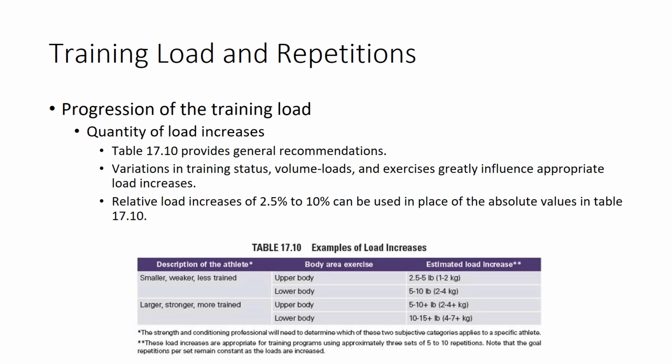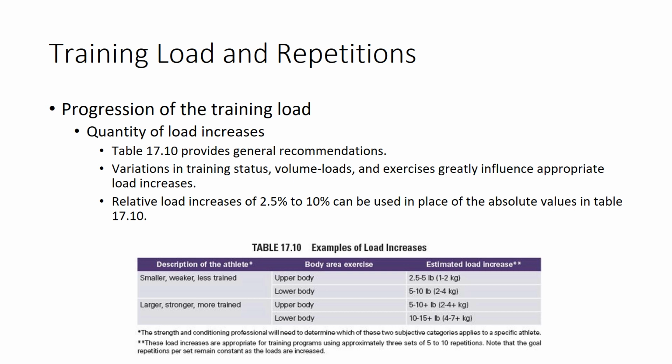So when we think of the quantity of this increase in load due to their progression and the 2-for-2 rule, this is based on some general guidelines, but table 17.1 gives you some examples or general recommendations based on the athlete's condition, and the body area is split up between upper and lower body.